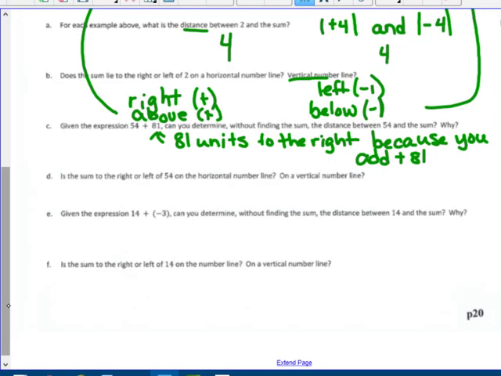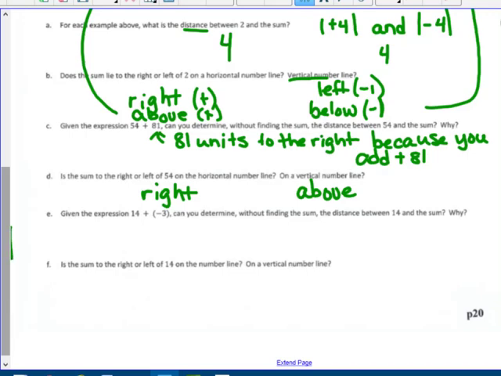And 135, yes, is 81 units away from 54. 135 is the sum, by the way. Is the sum to the right or left of 54 on the horizontal number line? It would be right, because I'm adding a positive 81. On a vertical number line, it would be above. Yes, 135 would go way up, so it would be above because I'm adding a positive 81.